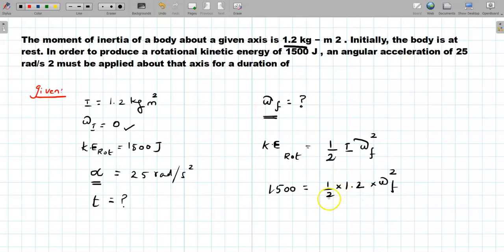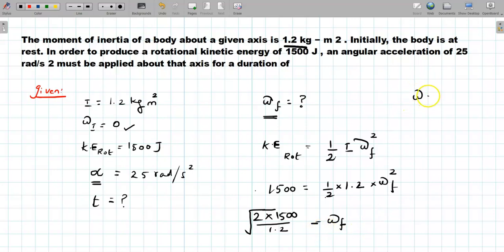You can take this to the other side: 2 times 1500 over 1.2, and put the square root, because to remove the square we take the square root on both sides.